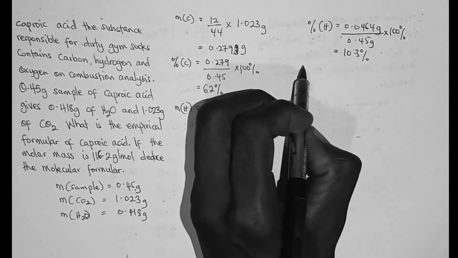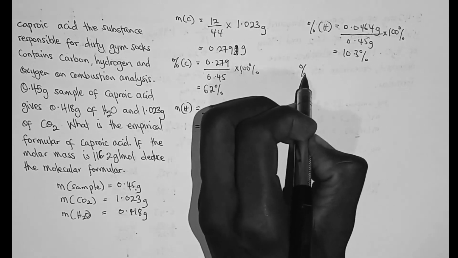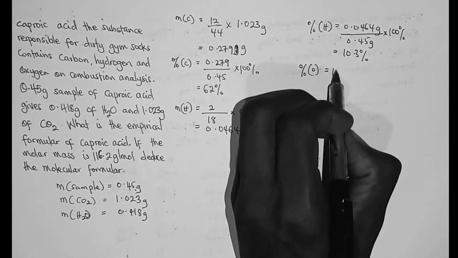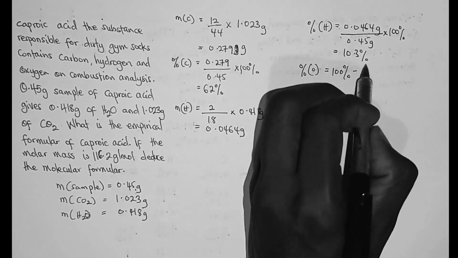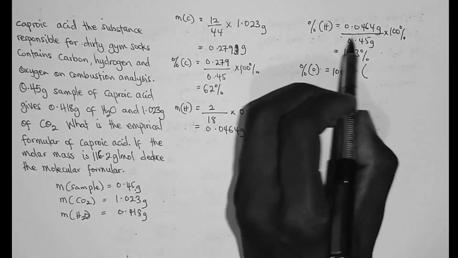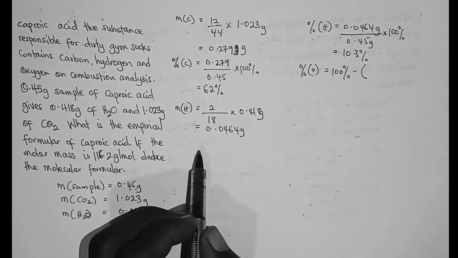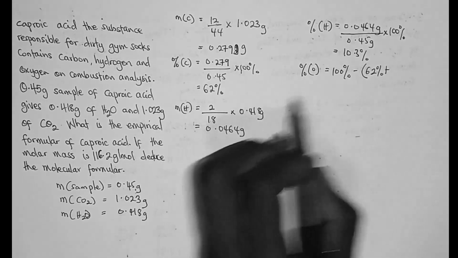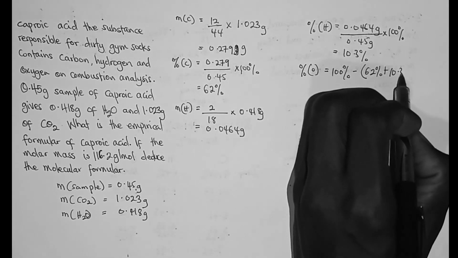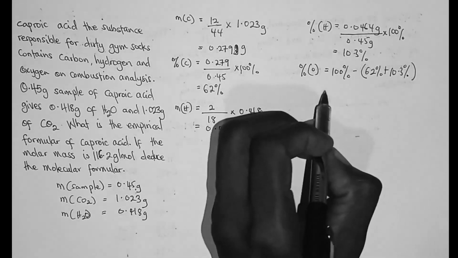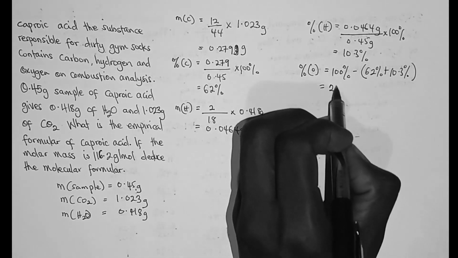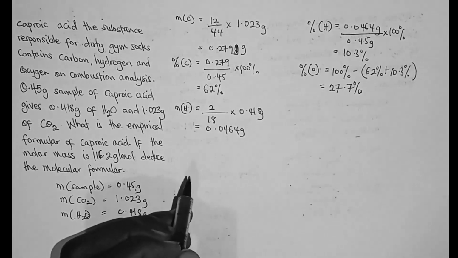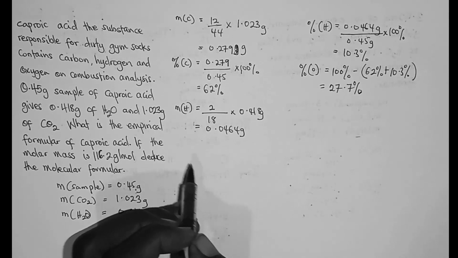So the next thing we need to do is to find the percentage of oxygen in the sample, and that is 100% minus the percentage of carbon and hydrogen in the sample. We got carbon as 62% plus hydrogen is 10.3%. So this is equal to 27.7%.